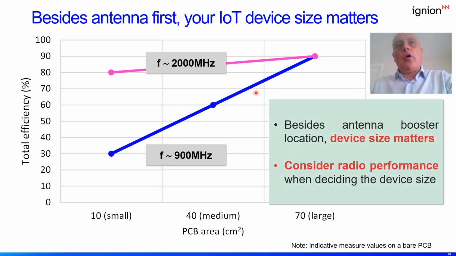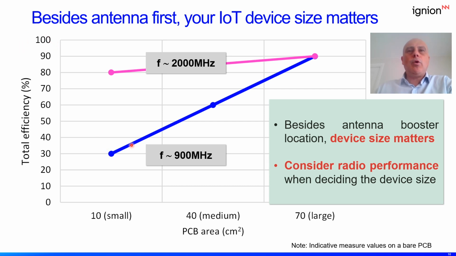What is the role of the ground plane? Well, here we illustrate a small ground plane, a PCB area including a ground plane, 10 centimeters squared, to a medium and to a large PCB. On the vertical axis, we have the efficiency, the best efficiency being 100%.